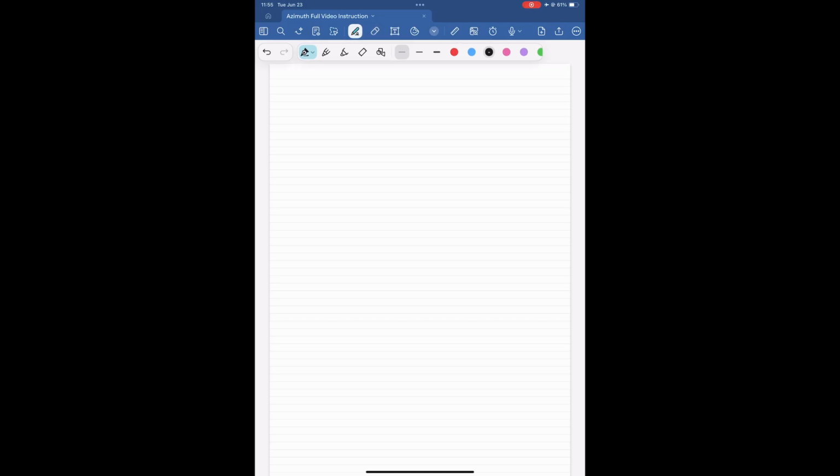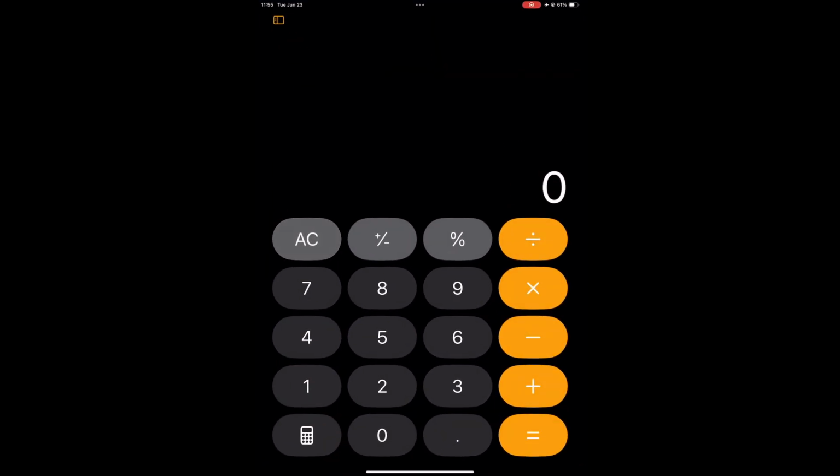All righty, we have 4 degrees, 5.0 minutes, and we have 12 degrees, 57.0 minutes. Okay, let's add this up. 5 plus 57 is 62 minutes. We're over 60, so we're going to subtract 60.